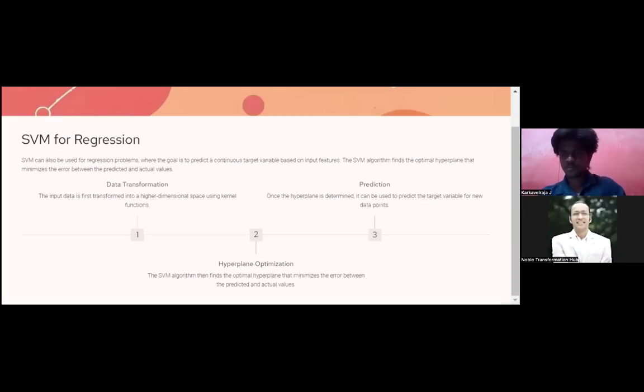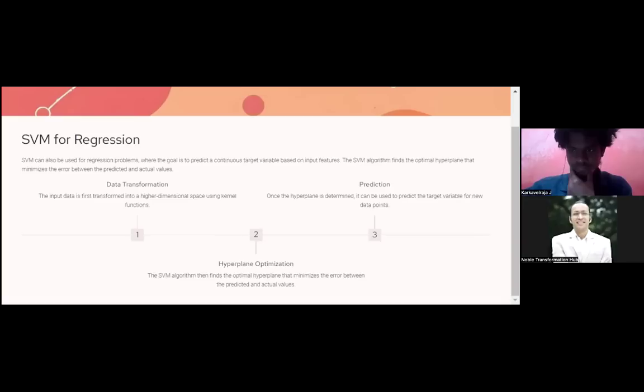You know what a kernel is; if you don't, write in the comment section, because you need to know the meaning of each word in the context of AI, ML, and data science so that you understand properly what we are talking about. Again, the input data first goes to the higher dimensional space using a kernel function. That is the data transformation nature in regression SVM.